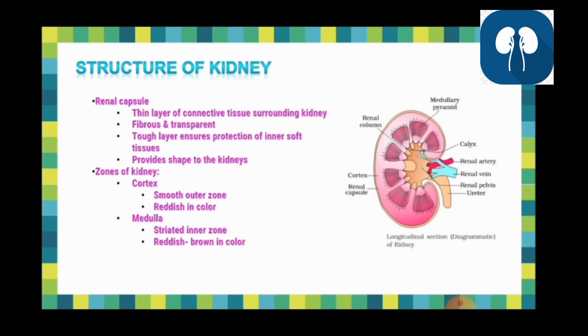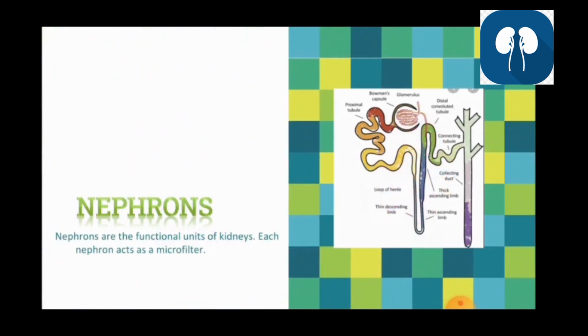The medulla is divided into a few conical masses known as medullary pyramids, which project into the calyces. The cortex extends in between the medullary pyramids as the renal columns, which are known as columns of Bertini.